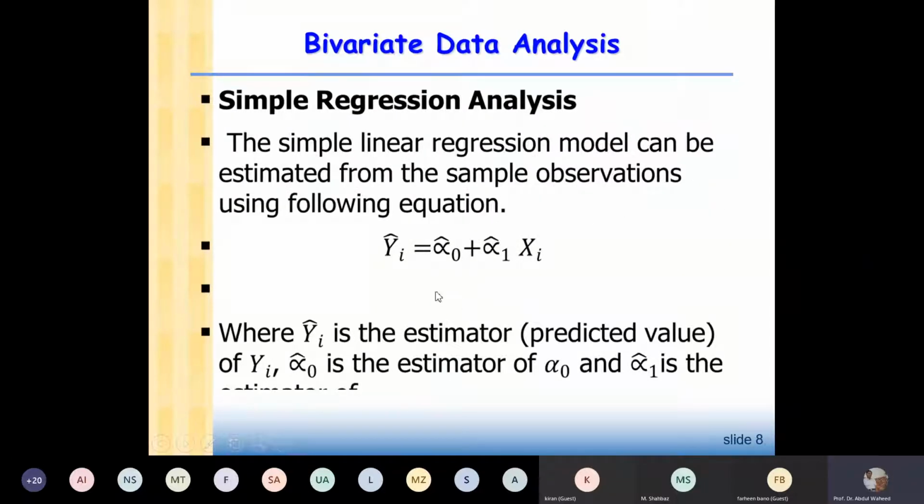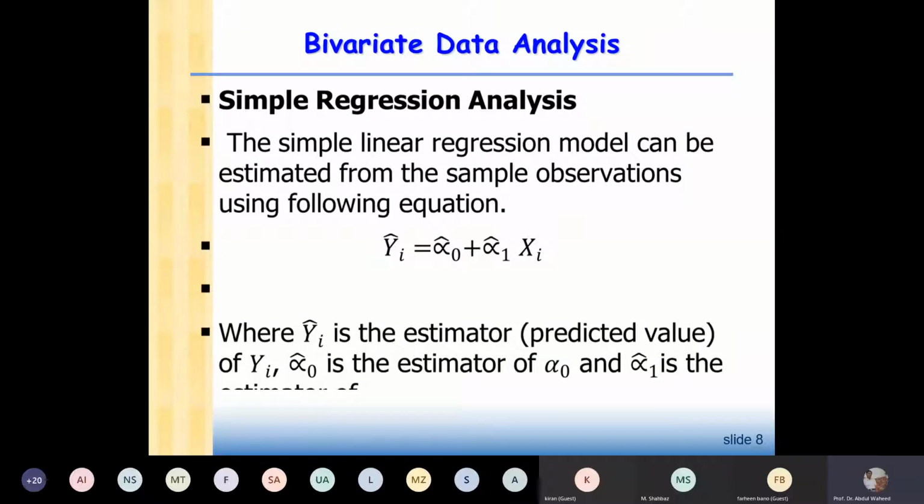So alpha naught hat and alpha 1 hat are the two estimators of the true population parameters alpha naught and alpha 1, and if we use these two estimated values we will get the estimated value of the dependent variable. So through ordinary least square estimators we estimate the value of alpha naught and alpha 1, the true population parameters, and the ordinary least square estimators are BLUE.